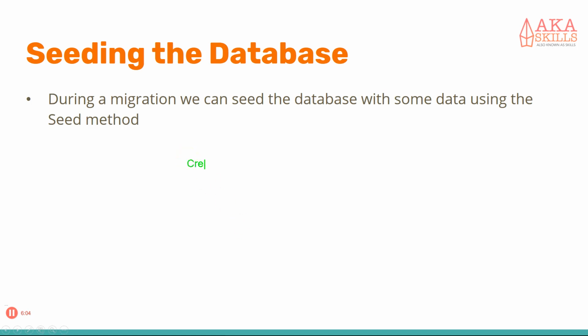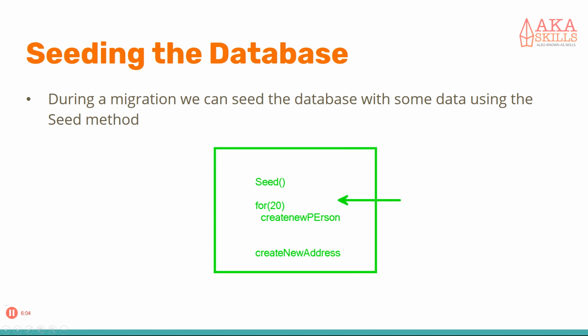If you're using the create and drop approach, every time you drop it, you're not going to have any data afterwards. So you can use the Seed method and say, for 20 elements, I want to create a new person, and after that a new address, and so on.